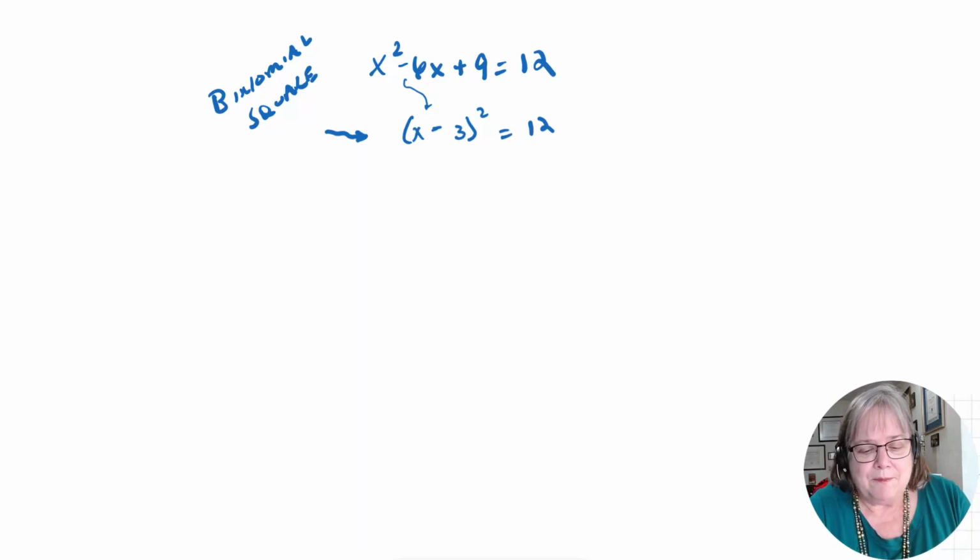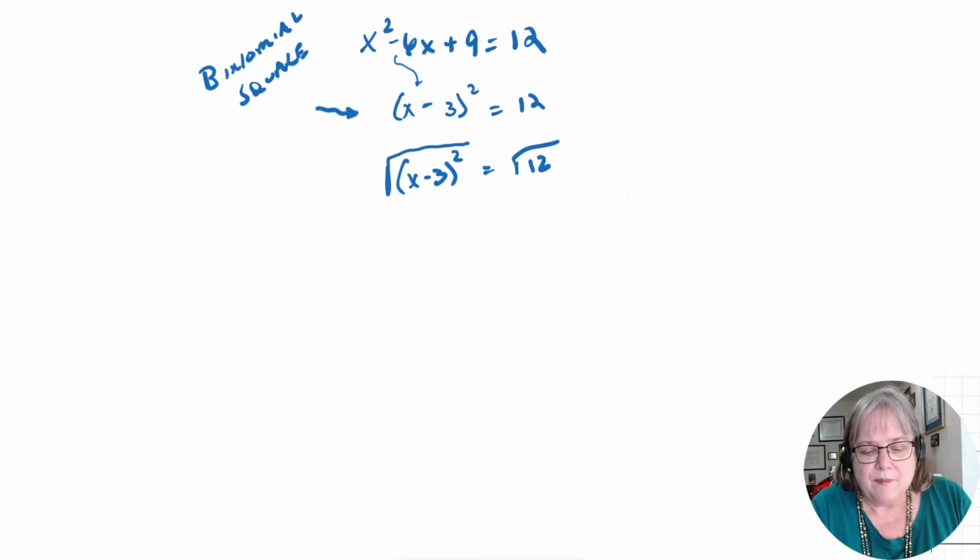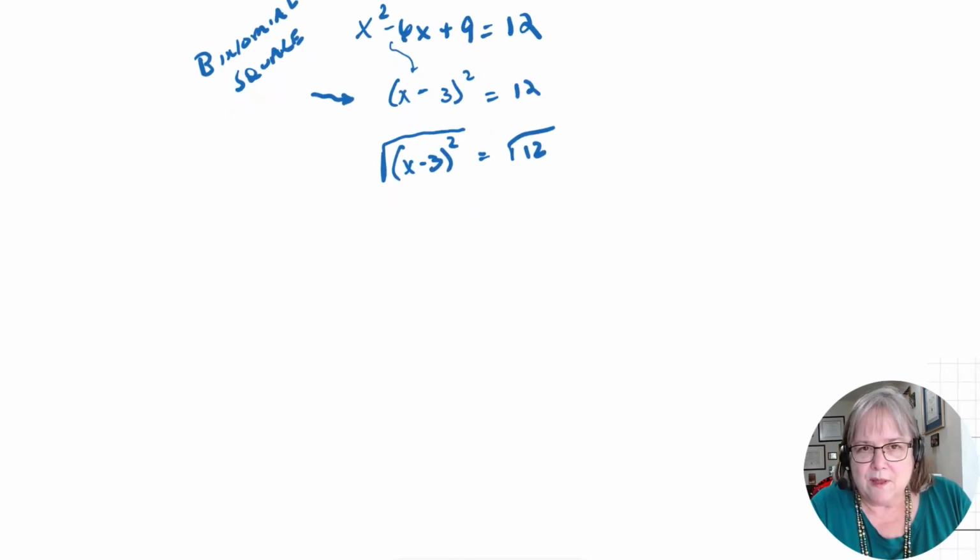Once you get the binomial square, you're going to do the square root method that we had in the last video, where you square root this side and square root that side. The square root kind of cancels, undoes, backs up, whatever you want to say, the square. So this is gone. Don't forget your plus or minus.